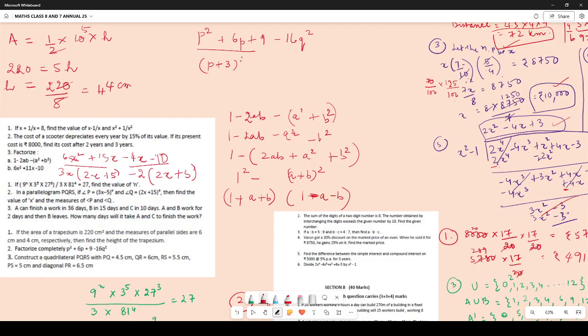So p plus 3 whole square minus 4q whole square. So again it is a difference of squares. So you get p plus 3 plus 4q into p plus 3 minus 4q. Okay, so that is how you factorize it completely.